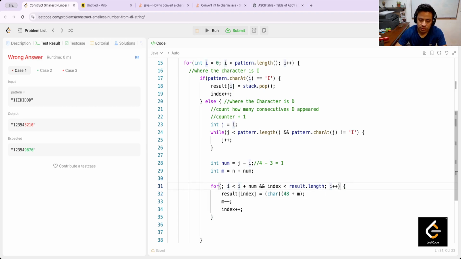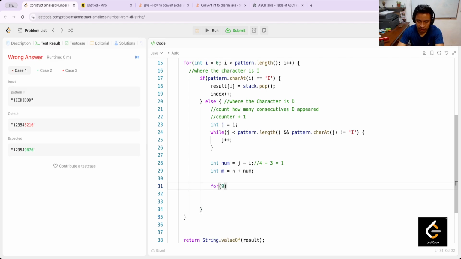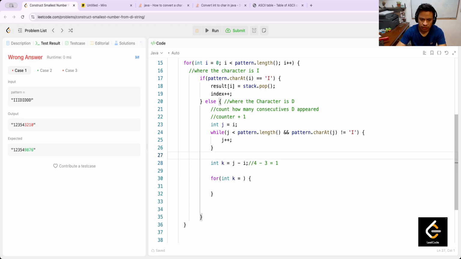Here, I need to change this. I need to create another for loop, and in this loop I get k, which is equal to i plus this.